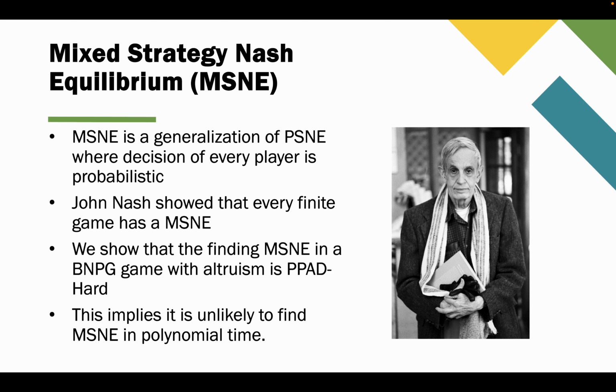So one might ask, if the existence is guaranteed, then what is the complexity of finding the Nash equilibrium? We show that, unfortunately, the complexity of finding a mixed strategy Nash equilibrium in a BNPG game is PPAD hard. So it implies that it is quite unlikely to find a mixed strategy Nash equilibrium in polynomial time.